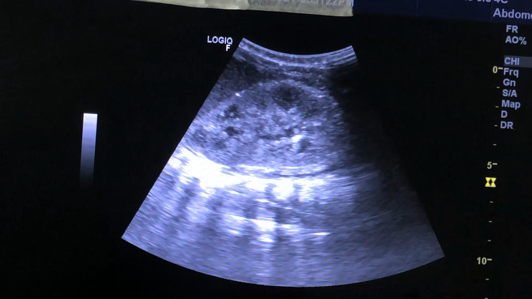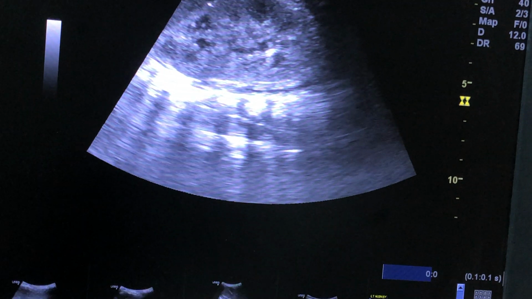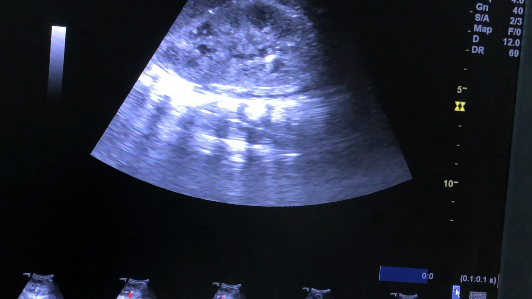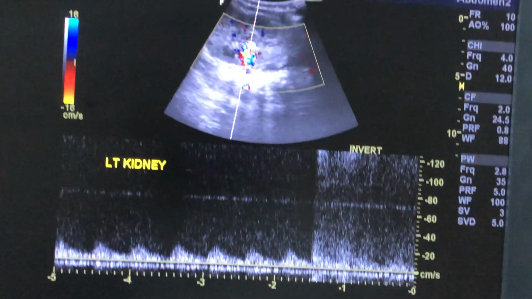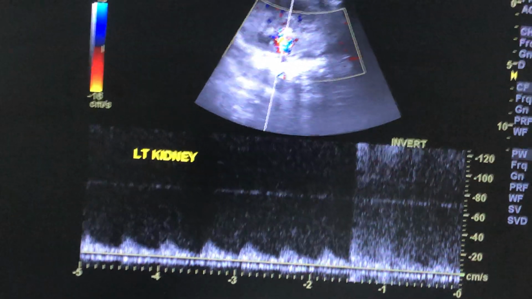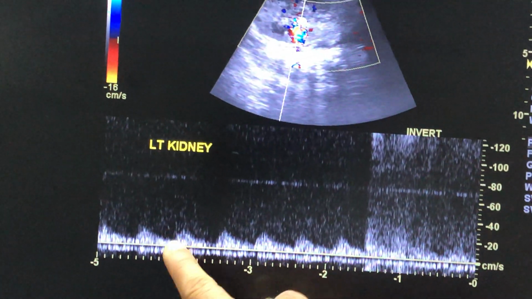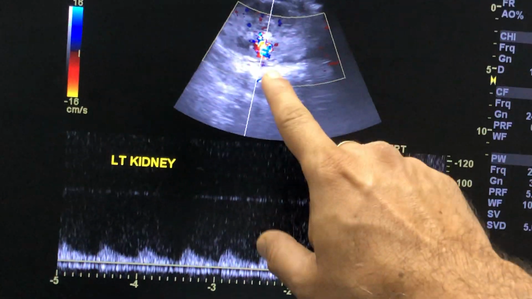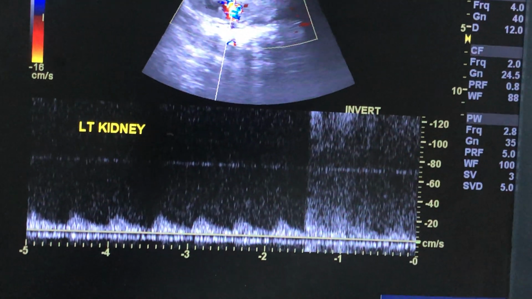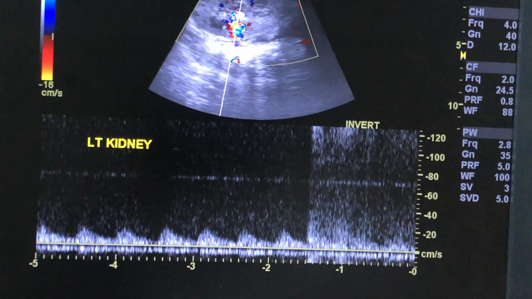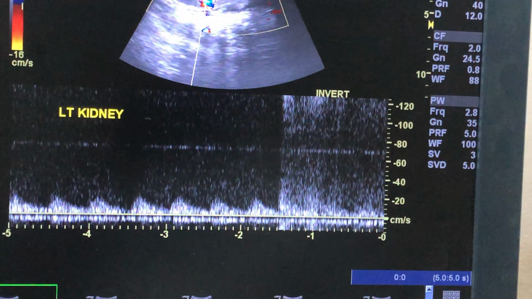You see this loss of corticomedullary differentiation. And sometimes the vessels in the hilum showed very low peak velocity and low resistance.